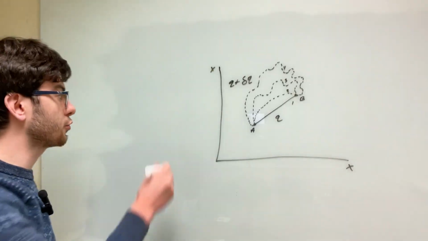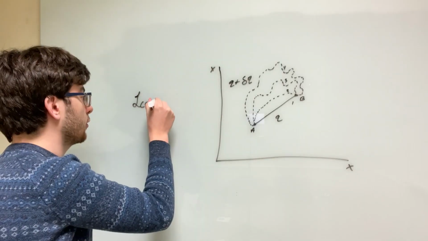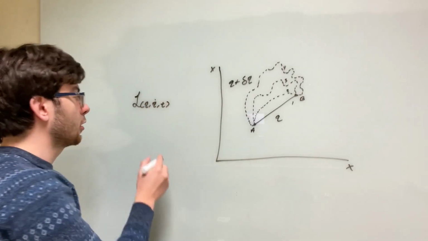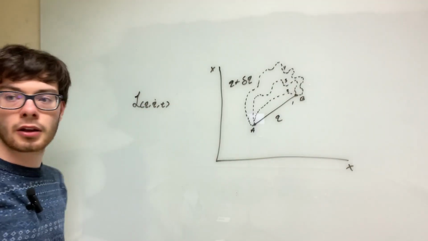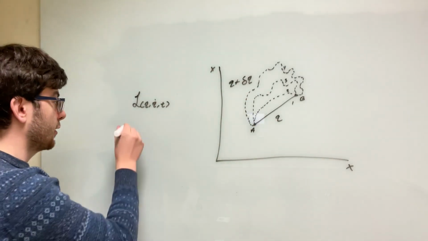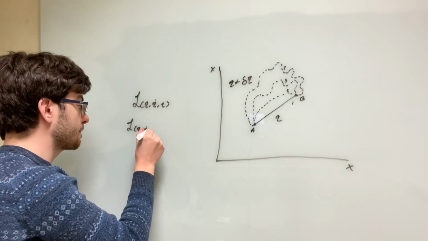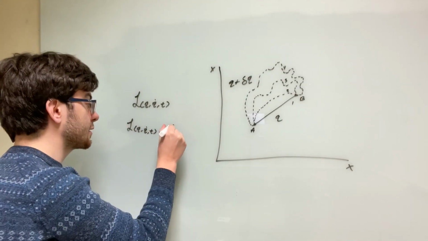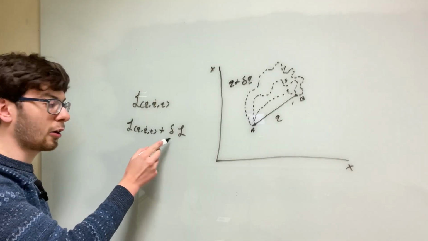The Lagrangian of the true path is a function of variables q, q dot, and t, where q is the displacement, q dot is velocity, and t is time. Likewise, the Lagrangian of all of the possible paths is equal to the Lagrangian of the true path plus some variation in the Lagrangian, where variation is denoted by lowercase delta.